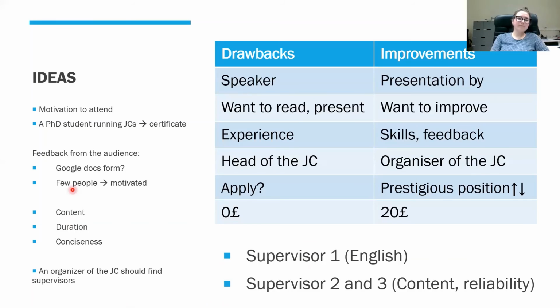This would give motivation maybe. Then I think that more feedback from the audience would be helpful for the person organizing journal clubs. This could be in Google Docs, at least for the first 2 or 3 journal clubs, about content, duration or conciseness.